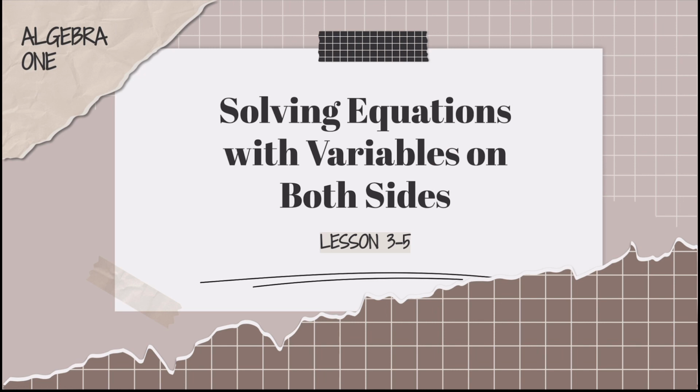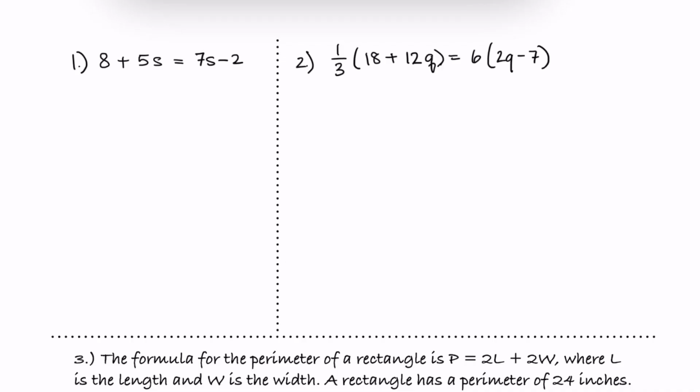Okay, here we go. This first question is asking us to solve for s when 8 plus 5s is equal to 7s minus 2. So the first thing we're going to do is try and isolate s here. So I'm going to go ahead and get rid of this 2 right here.